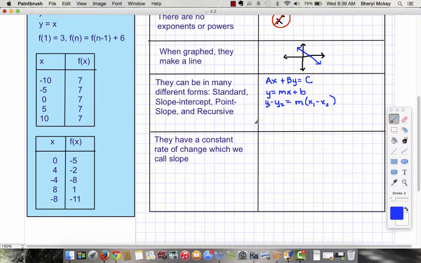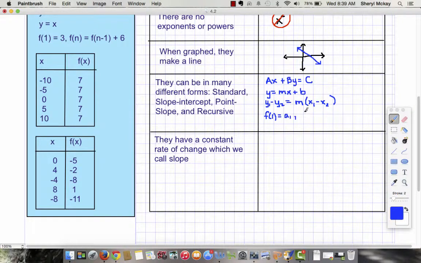And then we also have recursive, which is what we learned with arithmetic sequences, where we can say, and we're going to write it like this. f of 1, meaning the first term, equals a1, or the first term, okay?